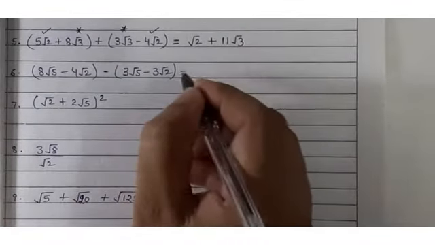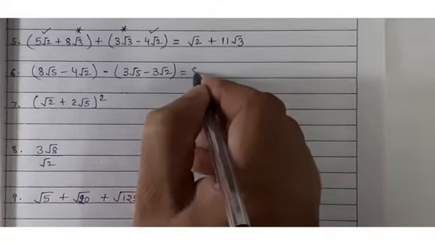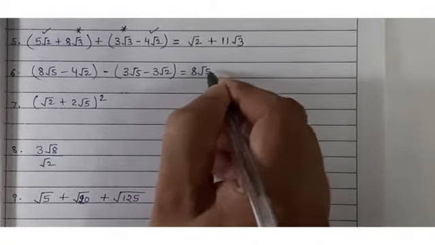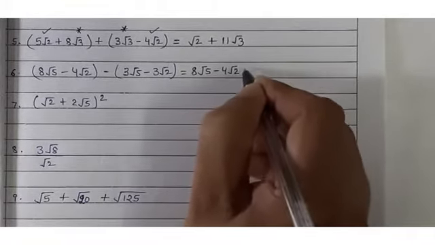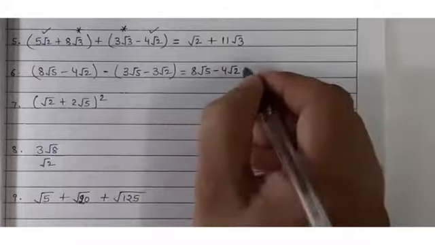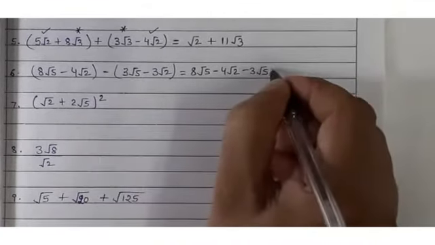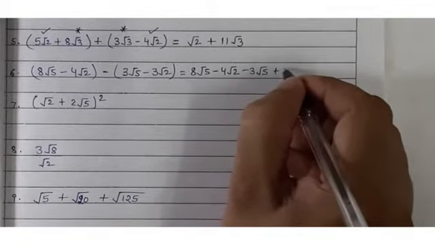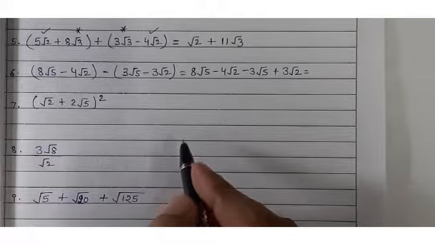Okay, the next, come on. Here is a minus sign, no? First we have to remove this bracket. See here, minus 3 root 5 and minus, plus 3 root 2. Then check it, what is the answer?